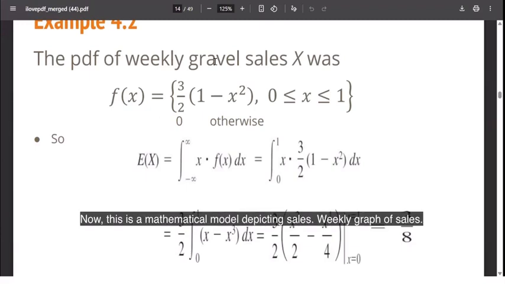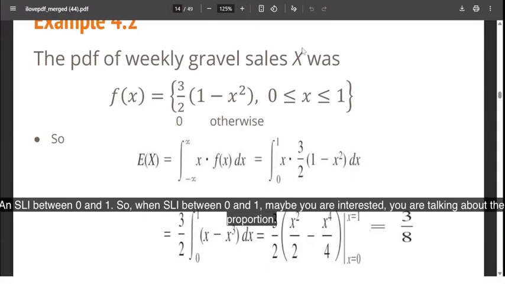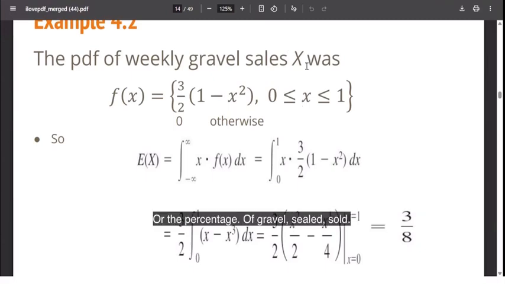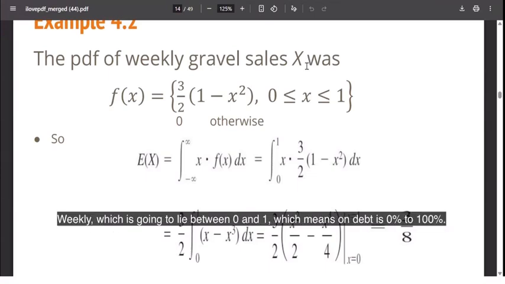This is a mathematical model depicting weekly gravel sales. And S lies between 0 and 1, so maybe you are talking about the proportion of gravel sold weekly, which lies between 0 and 1, which means 0% to 100%.